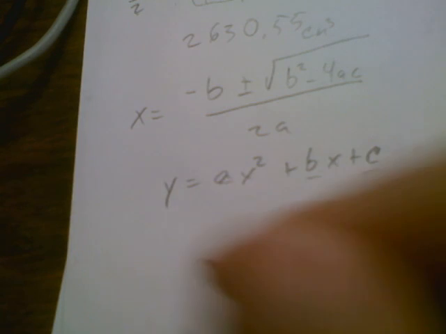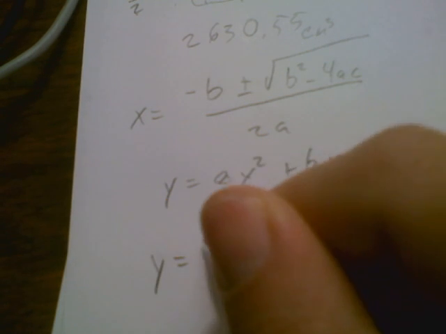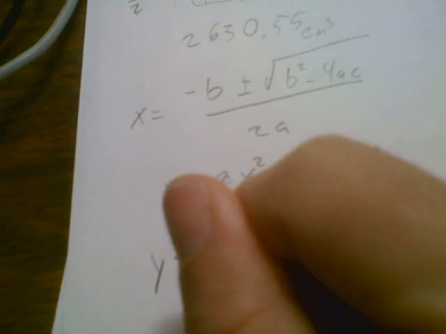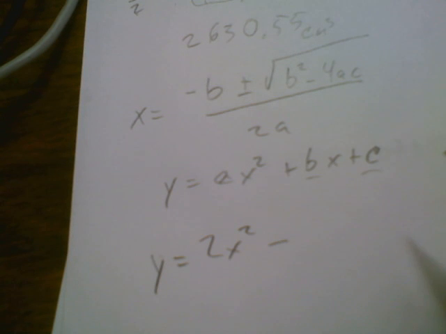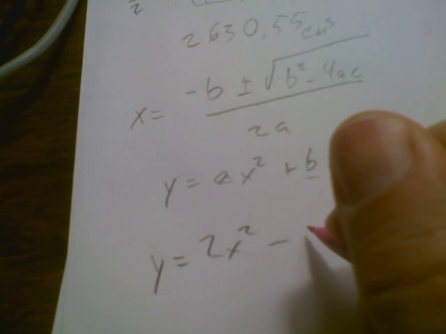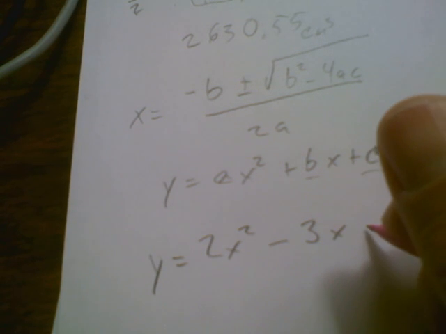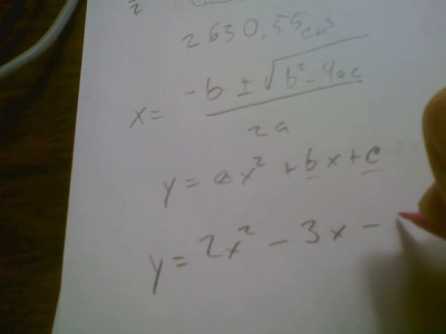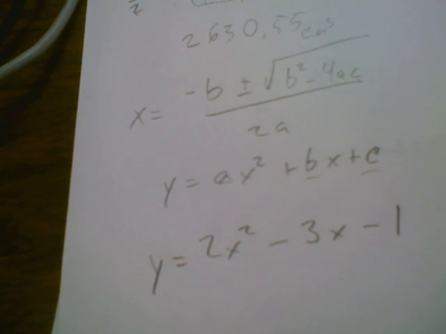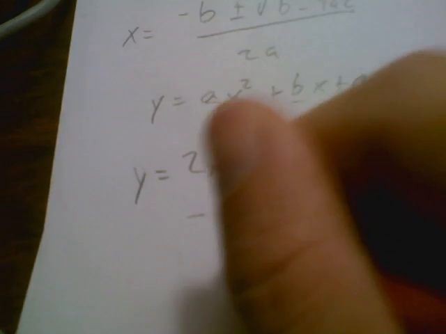So if we have y equals 2x squared minus 3x minus, let's just say 1, make it easy. We use that to plug it in. We have negative 3, because remember this is our formula right here.